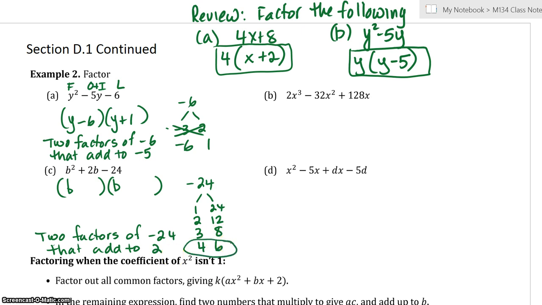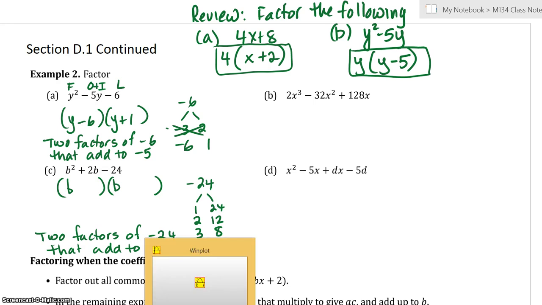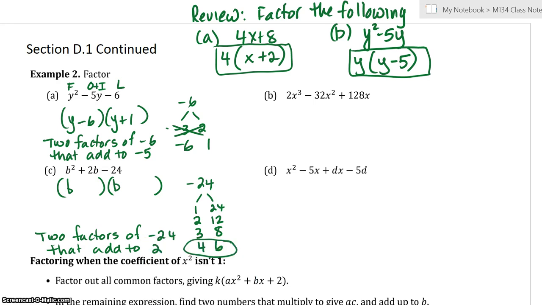We want it to multiply to negative 24, so we want one of those to be negative, and we want it to add to plus 2, so we want the 4 to be negative. So negative 4 and plus 6 should work. Or you could put plus 6 and negative 4. Again, let's just check it. We can do a check. The first works. This is the answer, by the way.